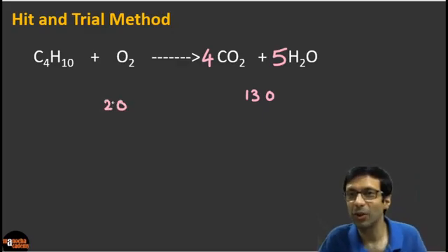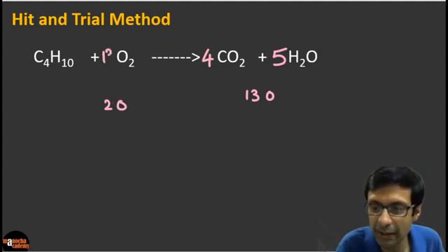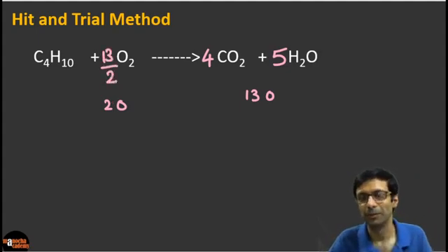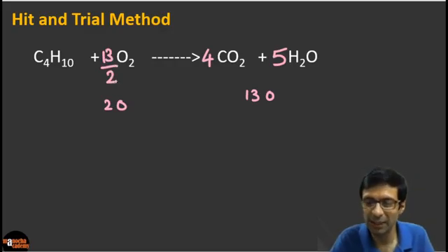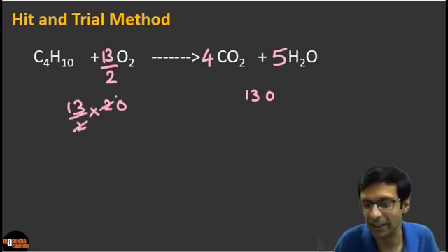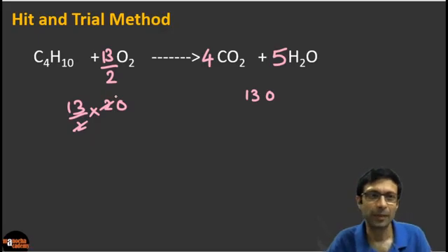Now again you can be smart and apply the fraction technique because only this guy is left. So to balance it, we'll need to do 13 by 2. Now can you see is the equation balanced? Because 13 by 2 times 2 is going to give us 13. So we'll have 13 on the left and 13 on the right.